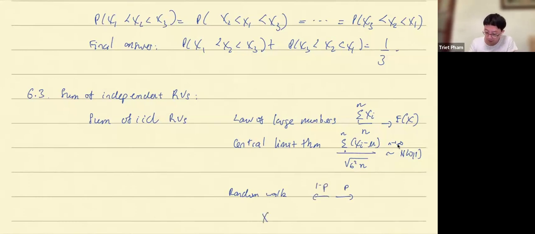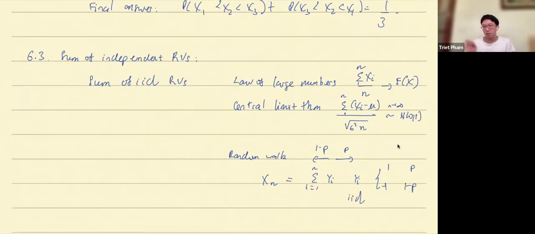If you call x sub n the position where you're at time n after n steps, then it will be just a sum of, let's say, i from 1 to n, where the yi are the step random variables. So yi is 1 with probability p, and minus 1 with probability 1 minus p, independent.